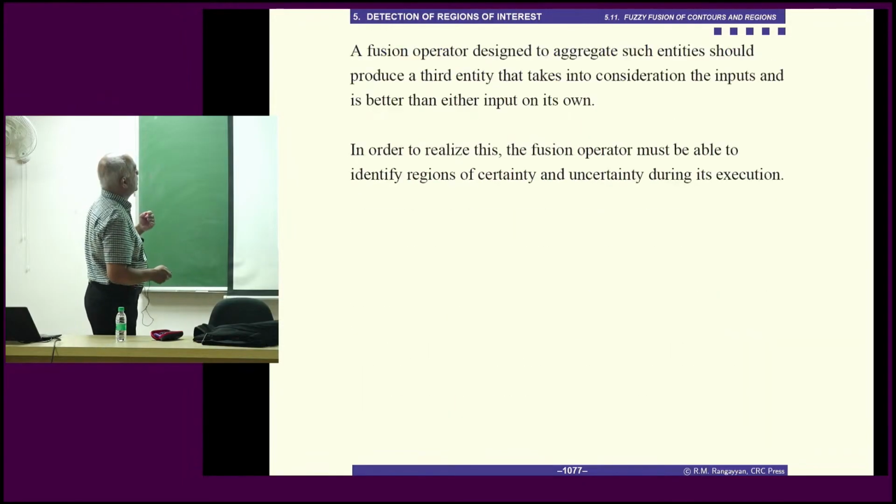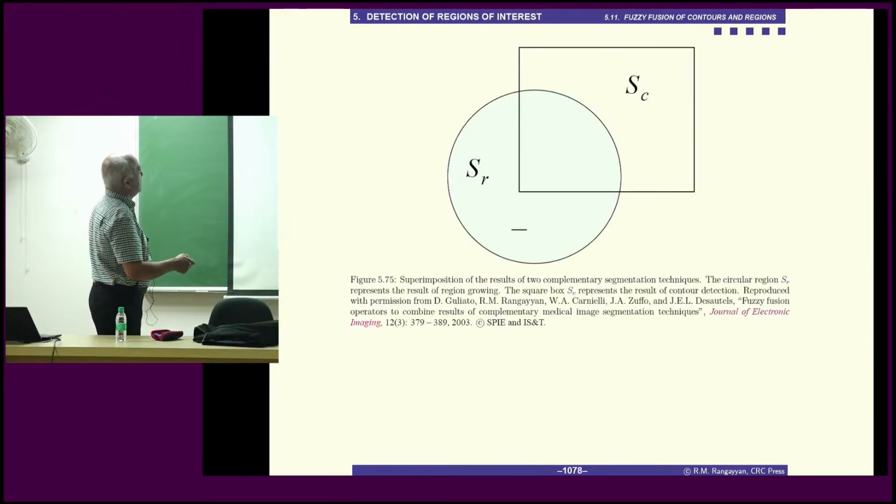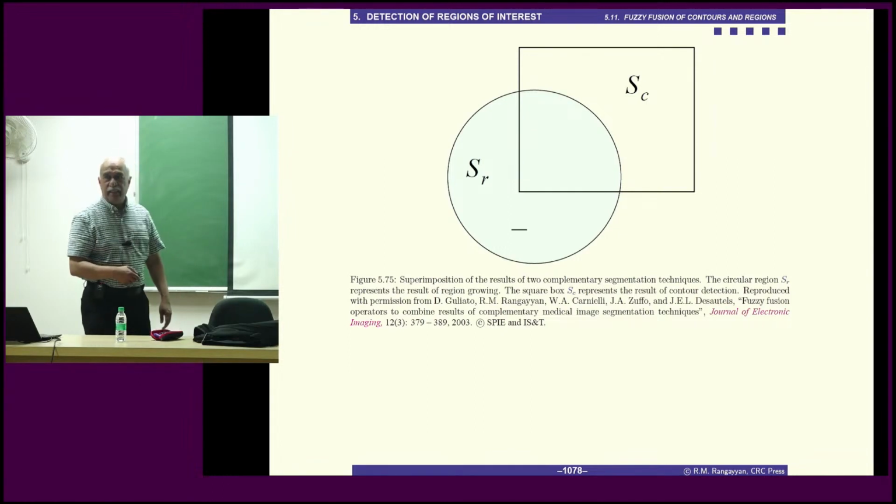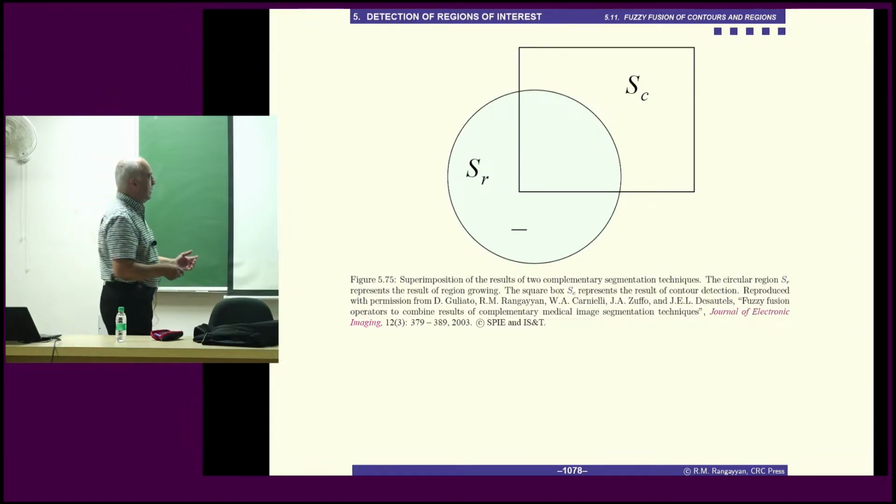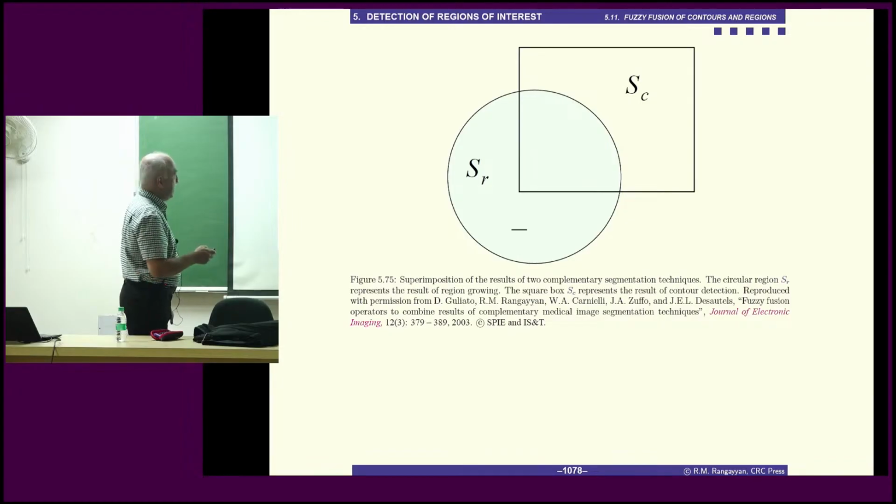So let's look at this picture and then we will see. So there is a contour. SC is a contour. SR is a region obtained by region growing. And there could be some artifact there. The region may include parts that are not members of the region.